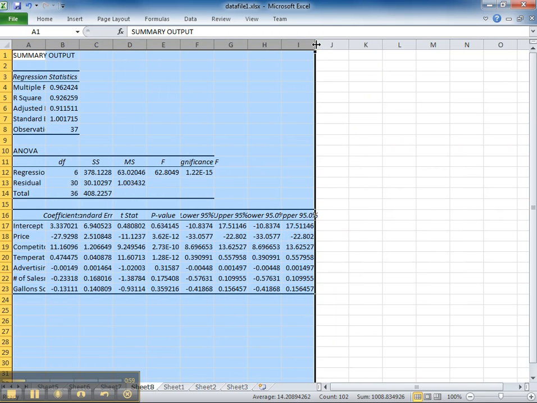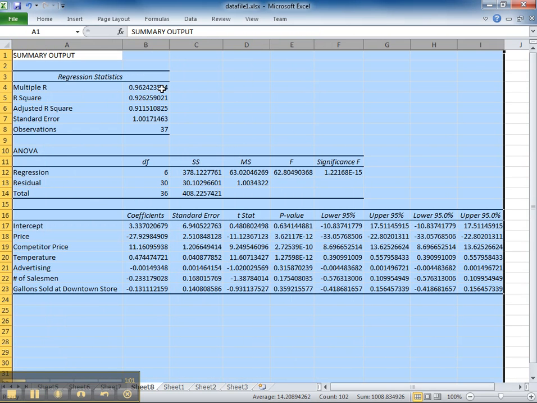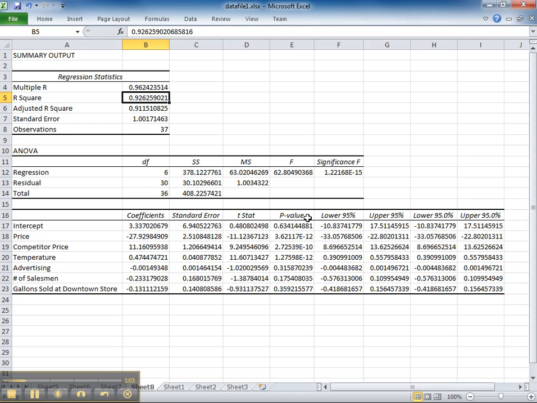And then when we look at our results, we can see that with an R squared of 92.6%, this is a really tight regression. However, when we look at our p-values, we can see that there are a number of values that don't really seem that related.